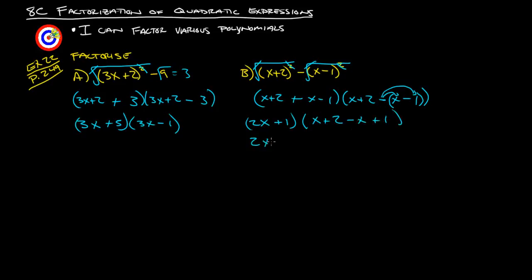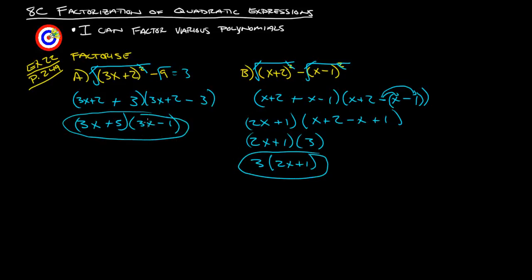So this ends up being 2x plus 1. x minus x is 0, and then 2 plus 1 gives us 3. So it's just 2x plus 1 times 3, and the better way to write that is just 3 times 2x plus 1. All right? So that's how you do those.